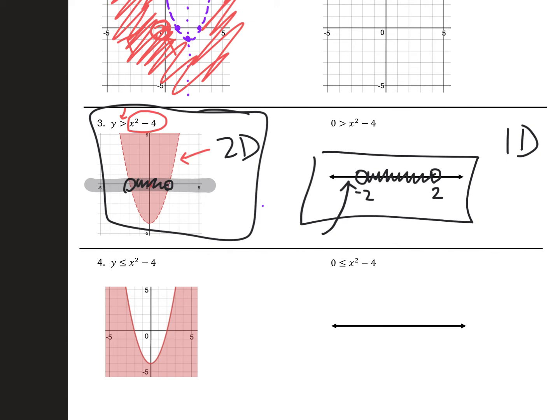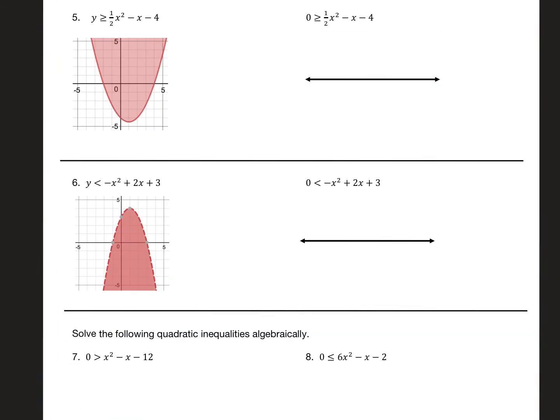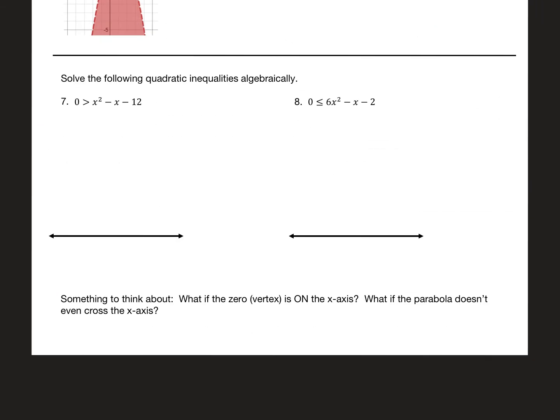All right, so the last example I think that I'm going to do is number 7. Okay, so this one's asking you to do this thing algebraically. Okay, so algebraically, if I was going to solve this, if I knew that there was going to be an equal sign, I would factor this, right? I know that this factors to be x minus 4 and x plus 3.